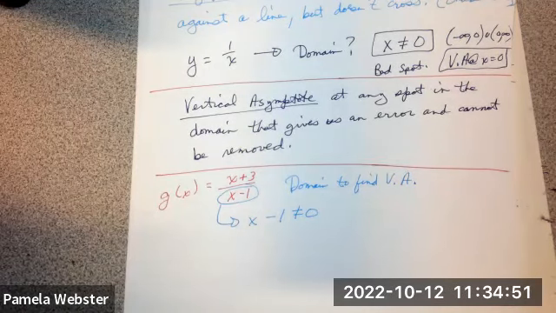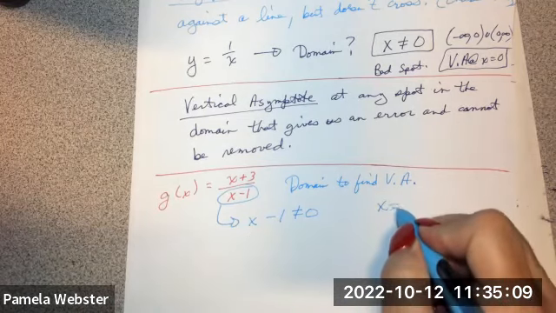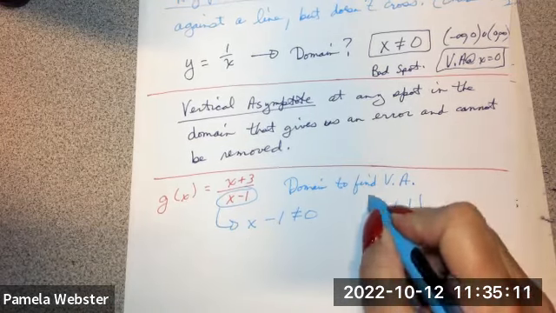Hopefully you will take the time to actually write this little equation off to the side. This one's not so bad, but in a minute, I'm going to show you a not happy one. So we take the time to write it off to the side so that we get the experience to work these. When I solve for x, I add 1 to both sides. x can't be positive 1.